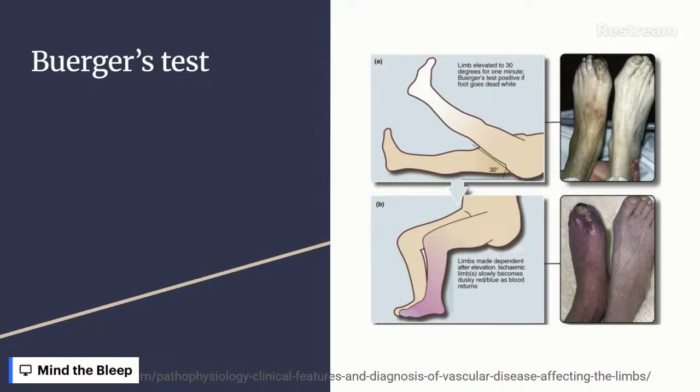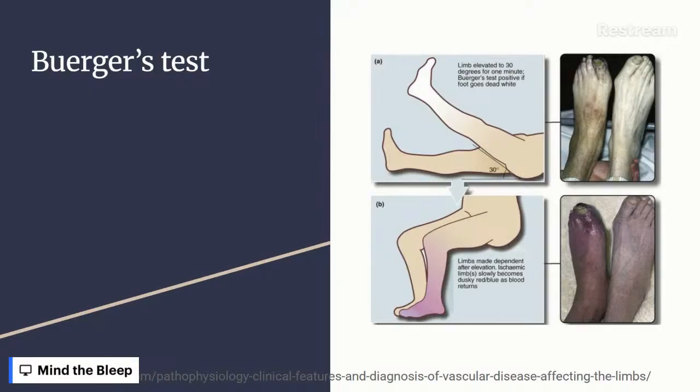So I think this is quite a nice photo of how it works. So you can see this foot has gone completely white. And this patient has critical limb-threatening ischemia. And then when you put the limb back down, because the limb has been deprived of any blood flow, you get this reactive hyperemia and inflammation as all of the blood starts going back.